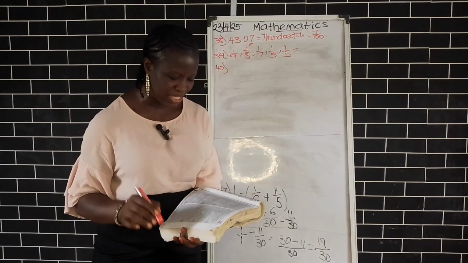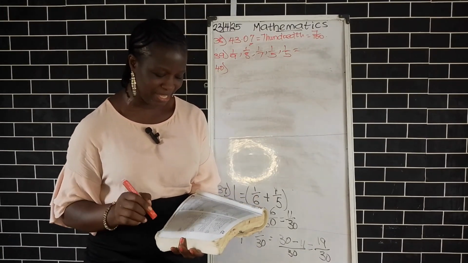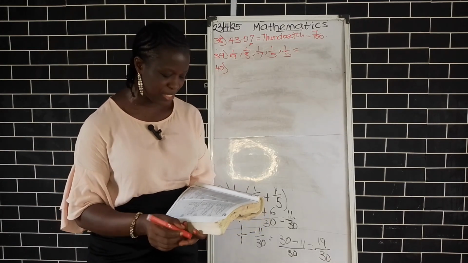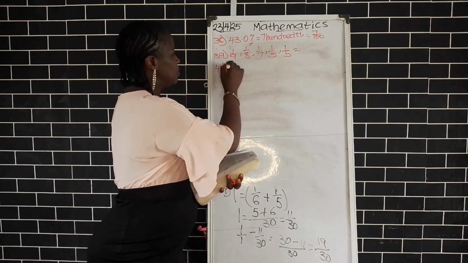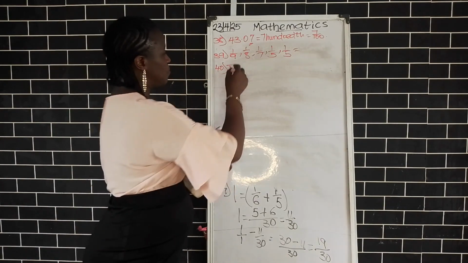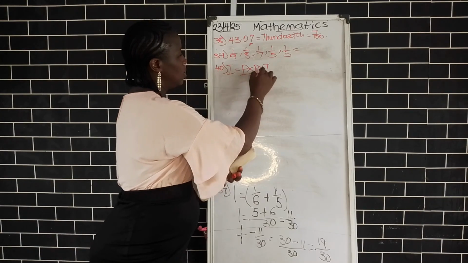What is the simple interest on 250 naira for 6 years at the rate of 5% per annum? The first thing is to look for your formula. Principal times rate times time over 100.